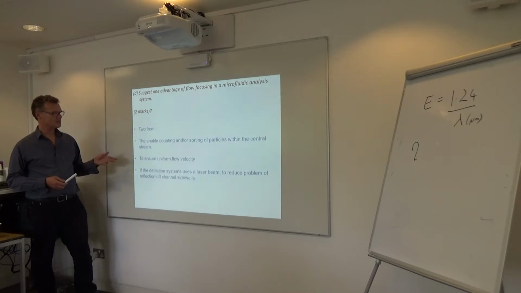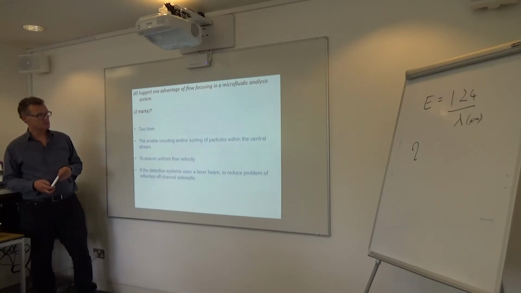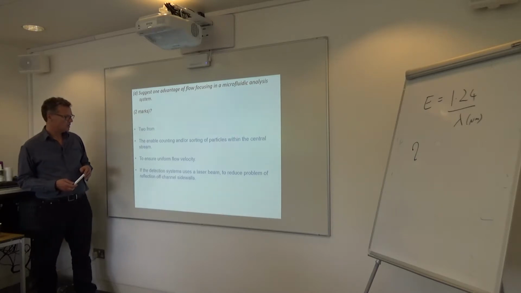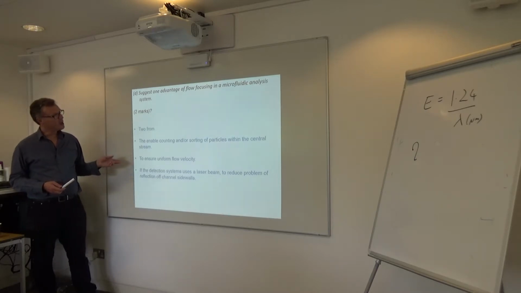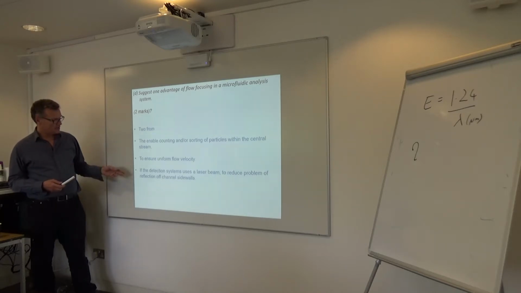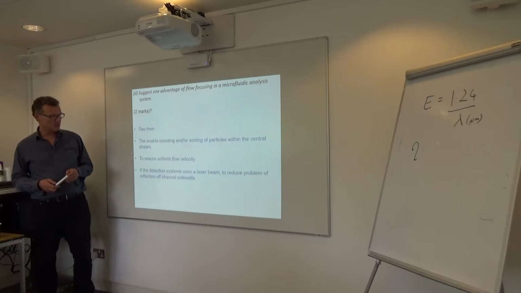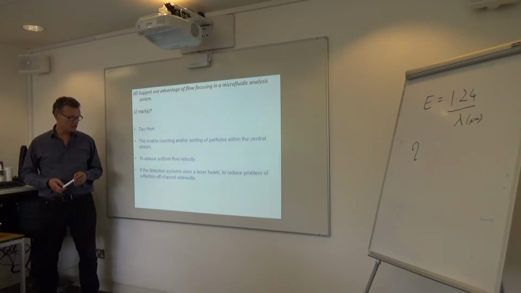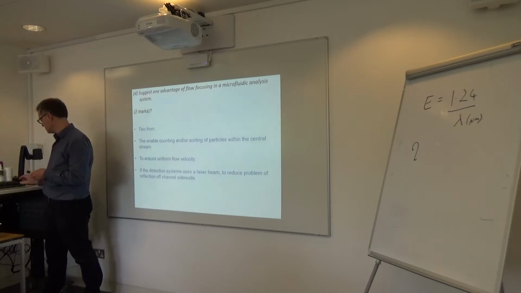To enable the counting or sorting of particles in a central stream, so that's what we might want to use it for. To ensure uniform flow velocity if the detection system uses a laser beam. And in terms of how you might change the design, to reduce the reflection off the channel sides.